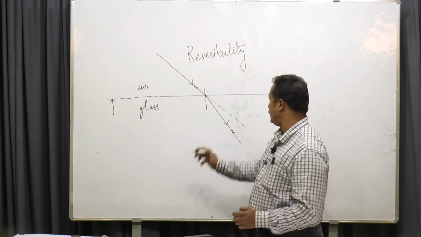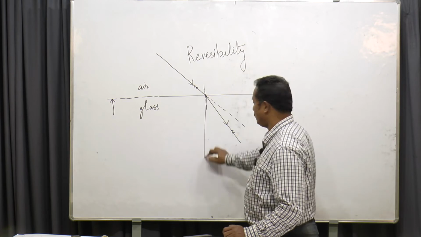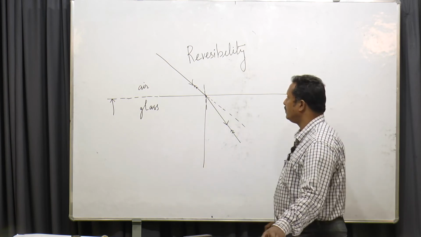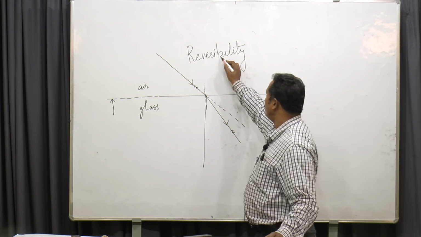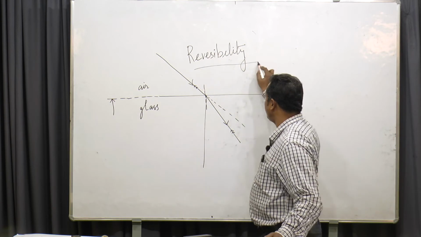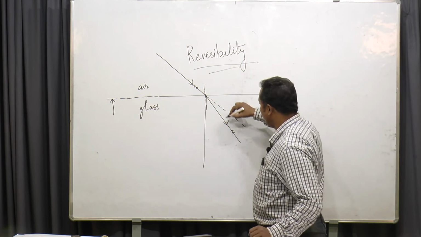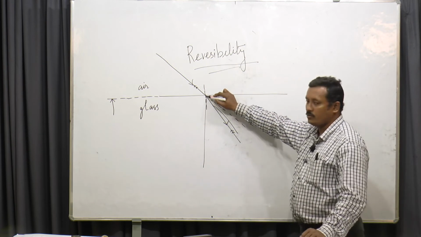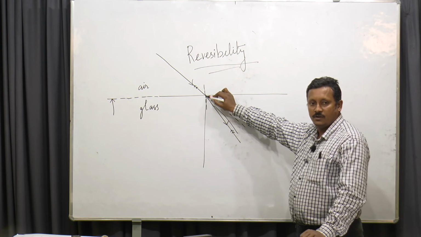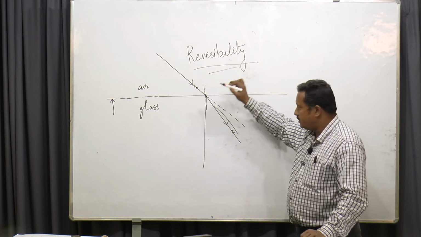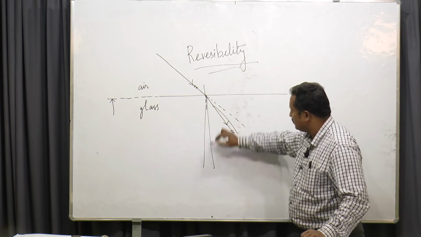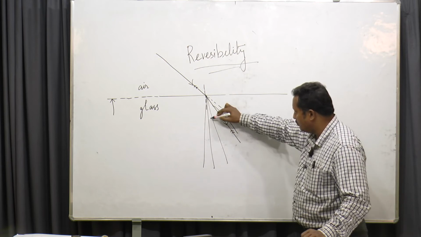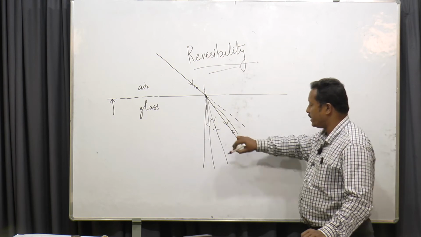It is not that I can bend like so. This is the reversibility factor, meaning the light can retrace its path. Now the bending I cannot do as per my own choice. I cannot bend it like this or like that. No, this is not correct.